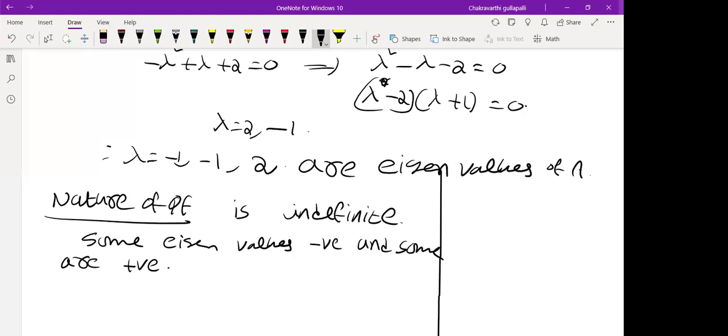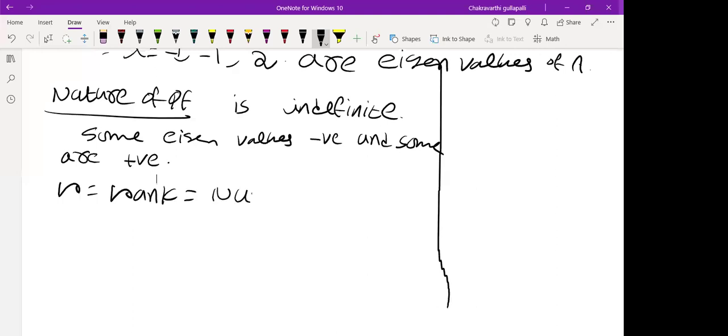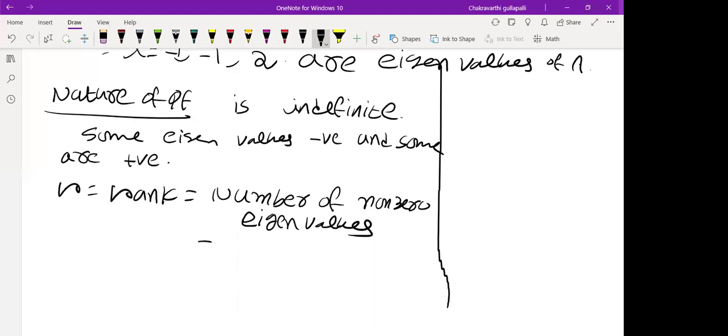Next, let us go on. Rank. What is rank? The number of non-zero eigenvalues. So rank is equal to the number of non-zero eigenvalues. How many are non-zero? 3. All the 3 are non-zero. So rank is 3.